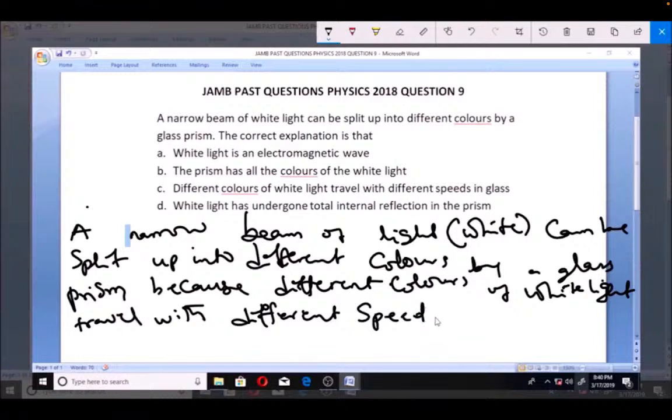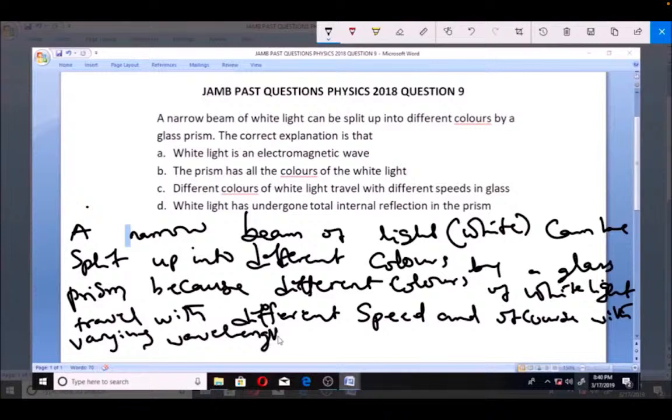So whenever you pass them through a glass prism, you will be able to see that they actually move at different speeds, and you will be able to know that there are actually different colors. And of course, whenever something is moving with different speed, you can say it is moving with varying, that is also different wavelengths.